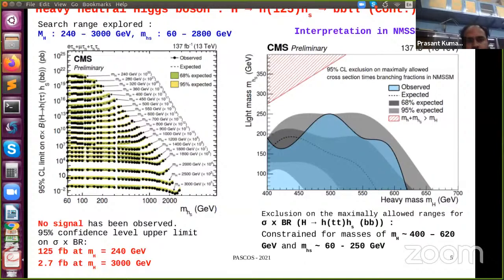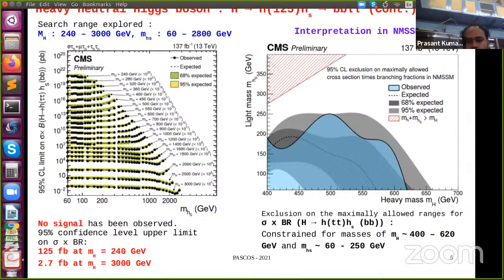No signal has been observed in this mass range. So a 95% confidence level upper limit has been obtained on this search process. At 240 GeV, the lower search limit, we have 125 femtobarn, and at the higher limit, 3000 GeV, we have 2.7 femtobarn.